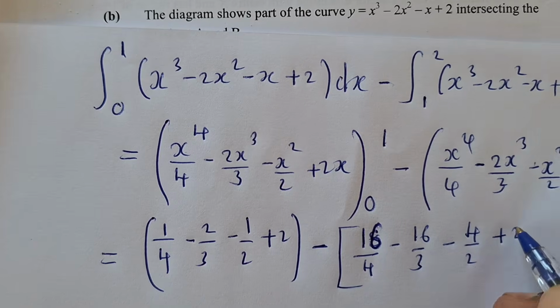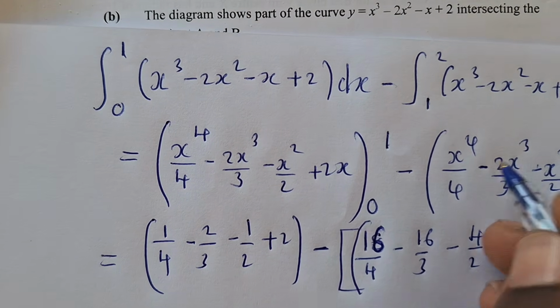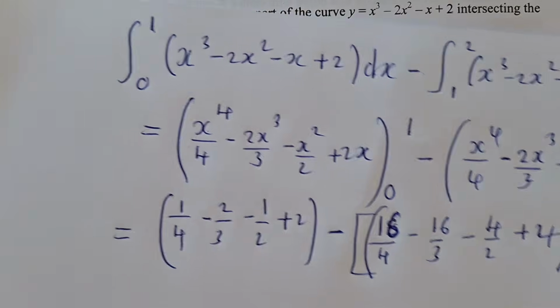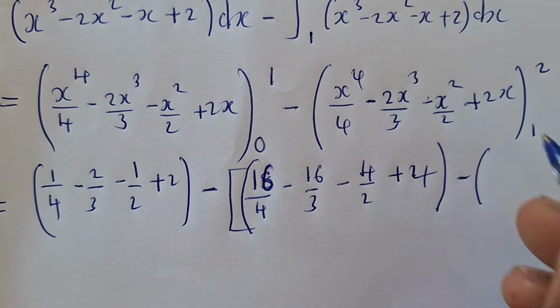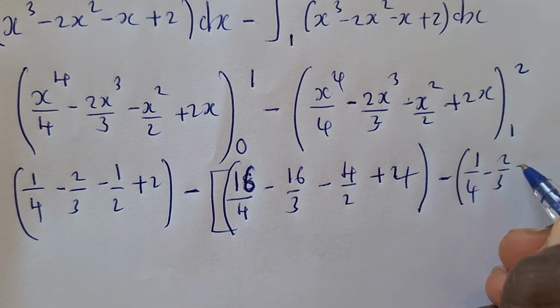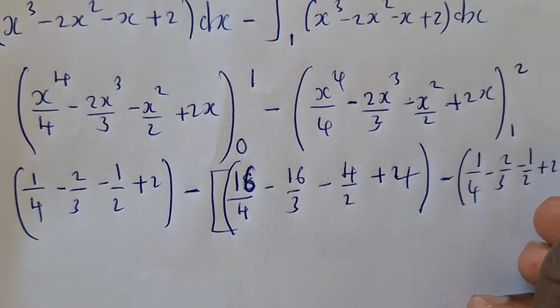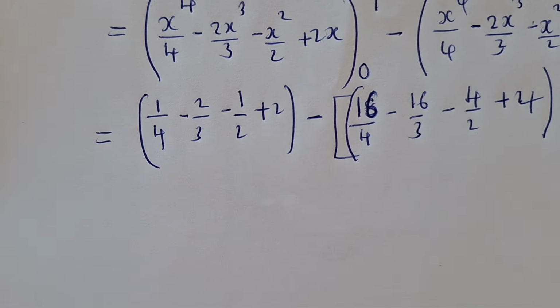And then plus 4. So this is what we are getting when we substitute a 2. After that, you say minus. You now substitute a 1 here. So you get 1/4 - 2/3 - 1/2 + 2, like that.